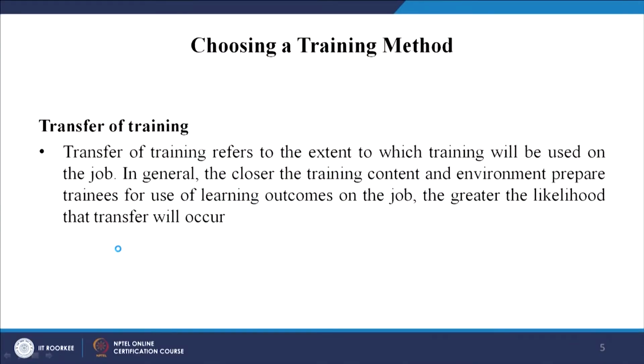The next part is transfer of training, that is, how the transfer of training is done. Transfer of training refers to the extent to which the training will be used on the job. If the training is used on the job, then definitely the transfer from the sender to the receiver will be more effective.